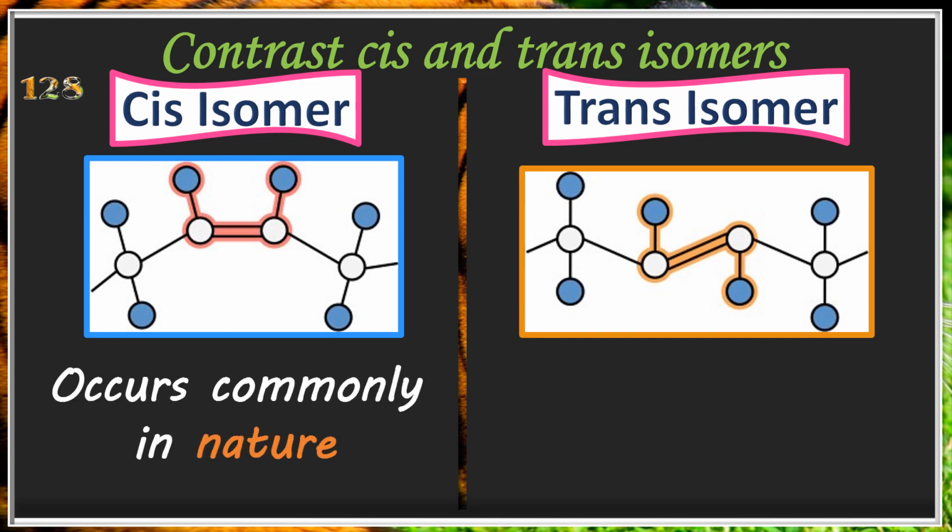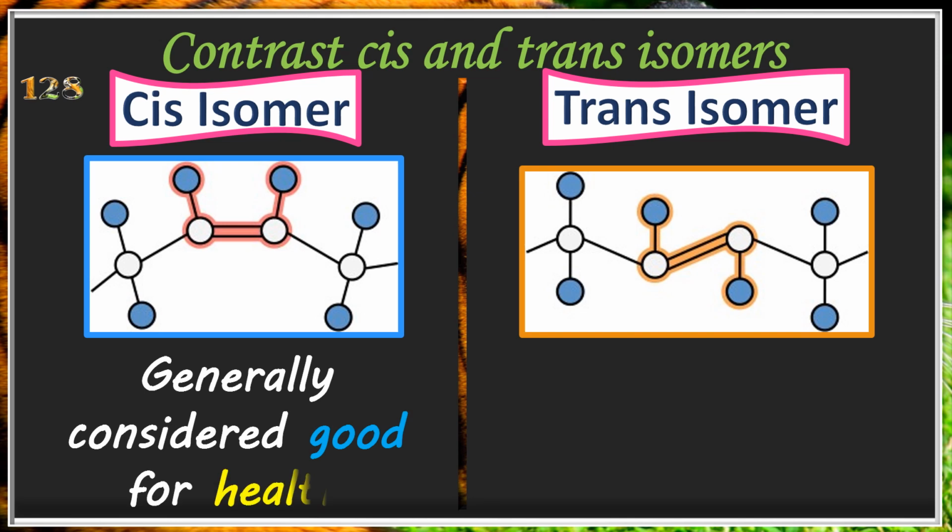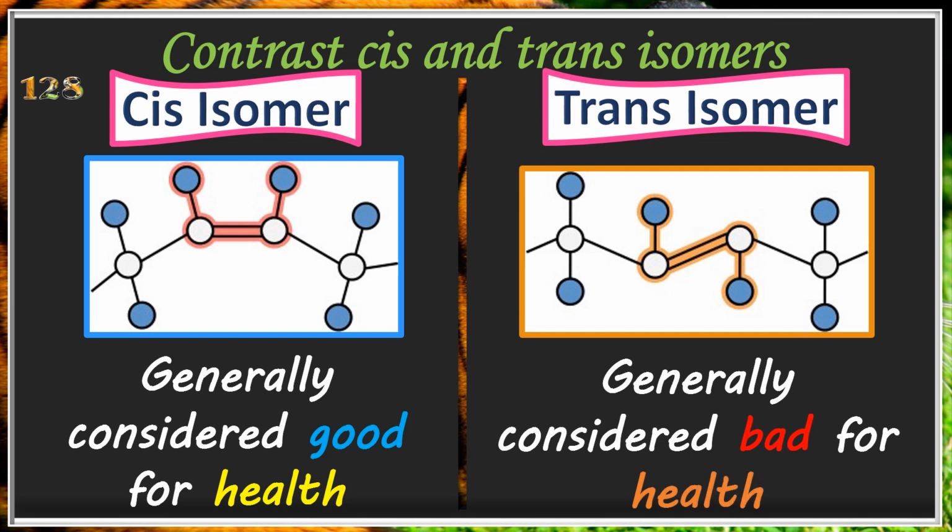Cis isomers occur commonly in nature, whereas trans isomers occur in processed foods. Cis isomers generally are considered to be good for health, whereas trans isomers are generally considered as bad for health.